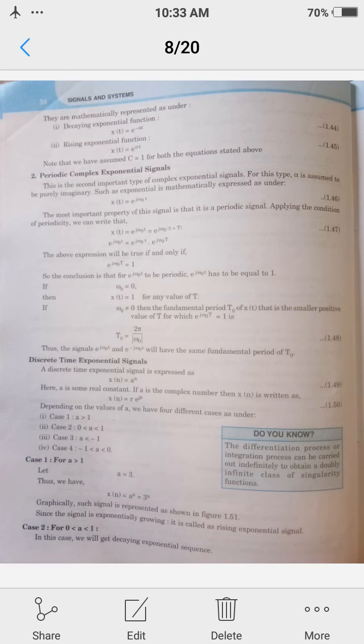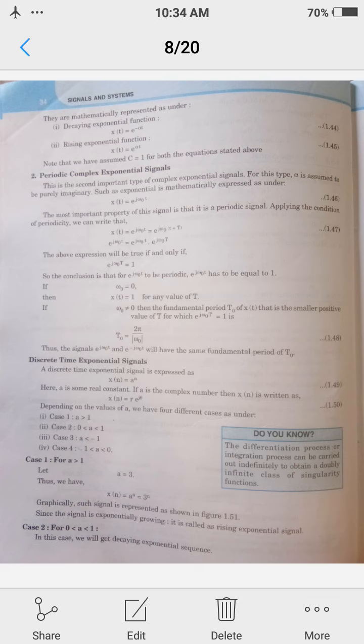So mathematically we can write x(t) for decaying exponential function, x(t) is equal to e to the power minus alpha t, and for rising exponential function we can write x(t) is equal to e to the power plus alpha t. So this minus and plus sign bifurcates between the decaying exponential and the rising exponential function.